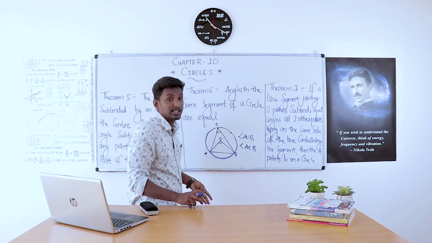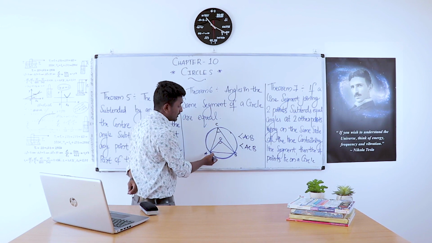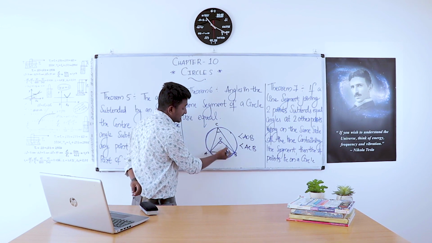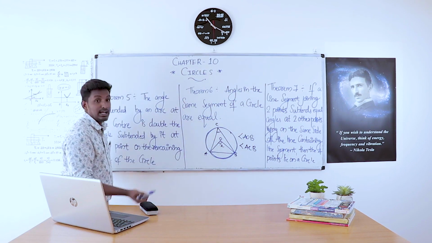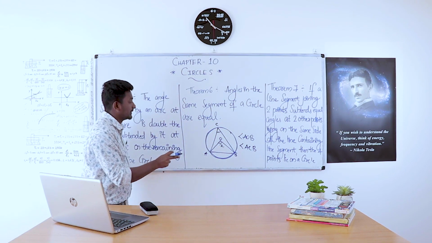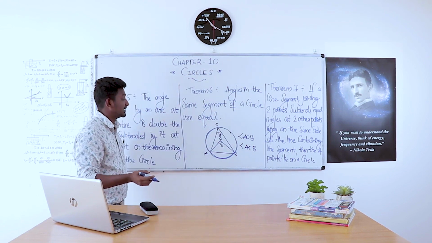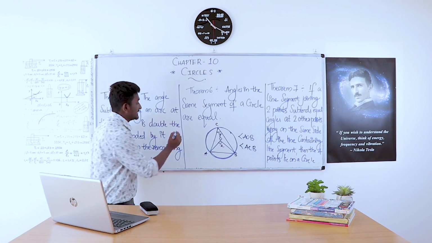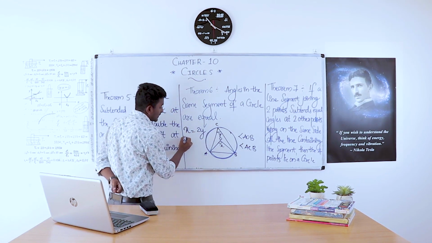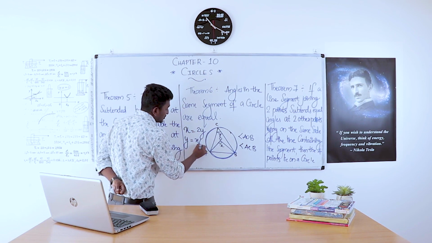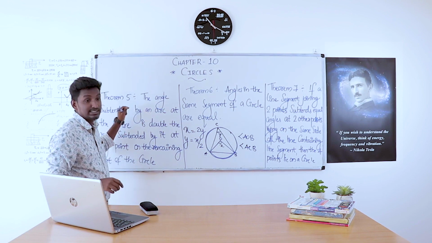So here AB is our chord, and this AB makes an angle, let it be X, at the center, and the same chord AB makes an angle, let it be Y, at any other point on the circle. Then we can say that X is equal to 2Y, or Y is equal to X by 2. This is the condition that's set in theorem number 5.